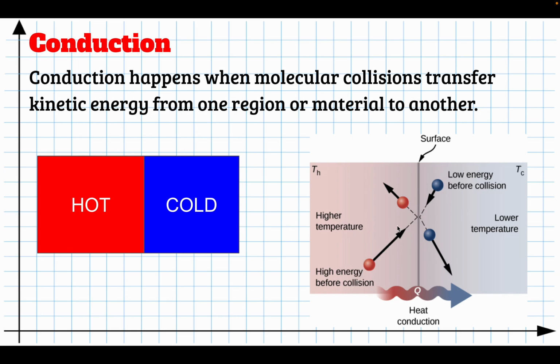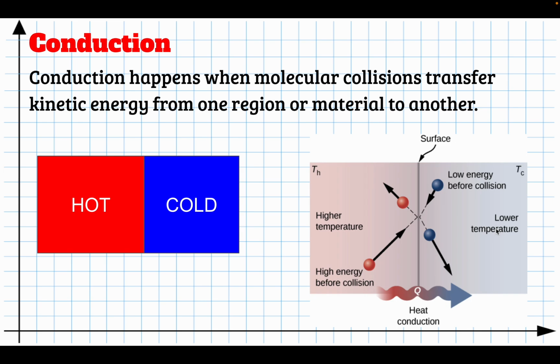A high-energy particle with high temperature is moving fast. It smacks into an object and it bounces back, and now it's moving slower. And then this guy over here that was moving slower is now moving faster. So energy was transferred by physical collisions between the molecules, and that caused thermal energy to pass from the left side to the right side.